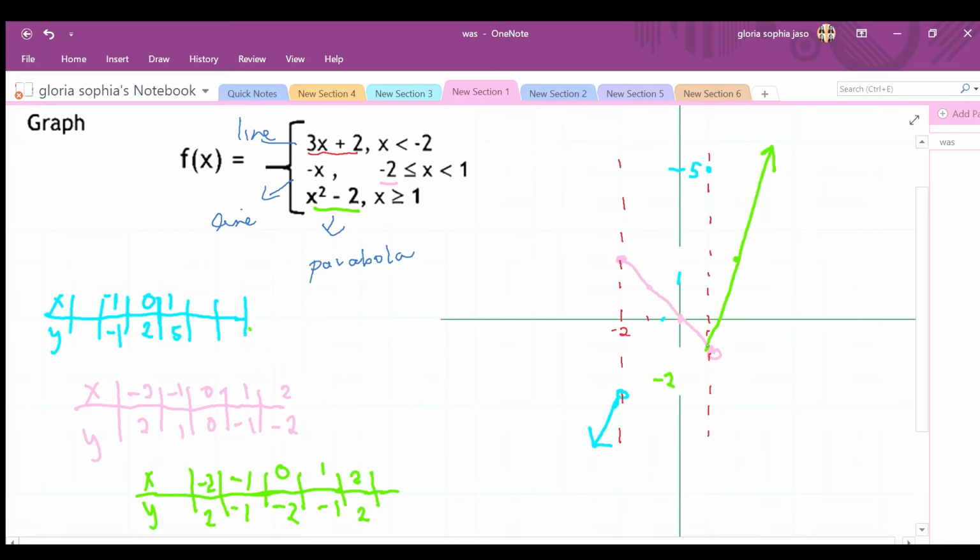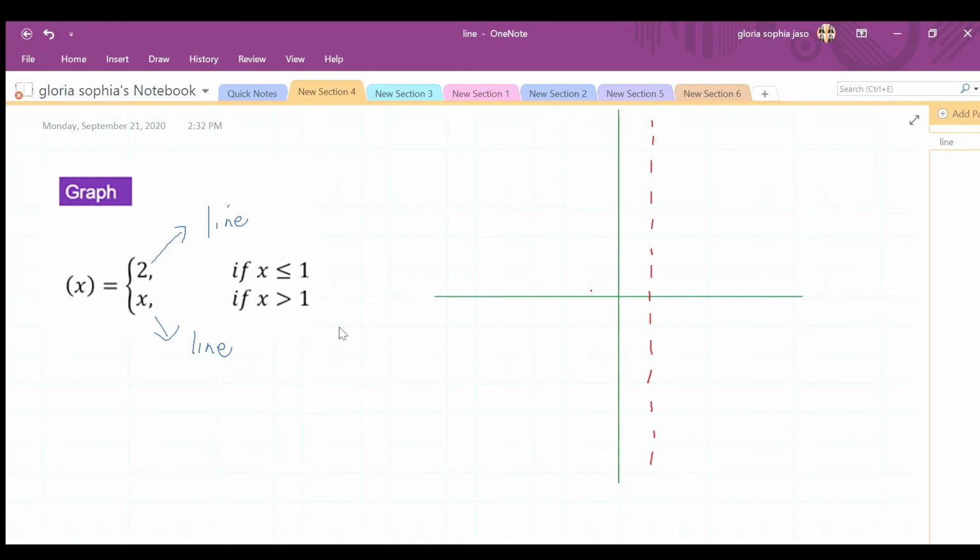So, dito, kasama siya. Kasama siya dito, class. Okay, so, ayan siya. So, greater than or equal to 1 dito to positive infinity. Okay? So, naintindihan ba, class, yung pag-graph?